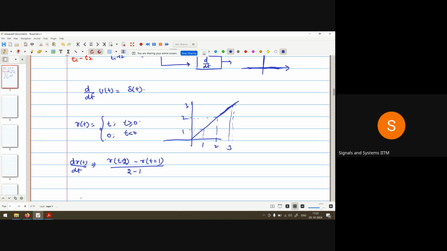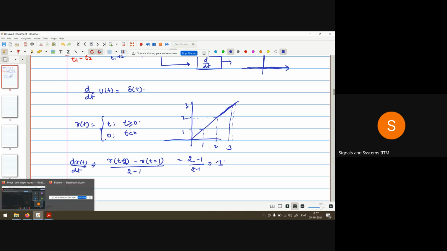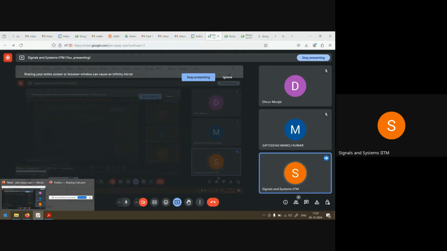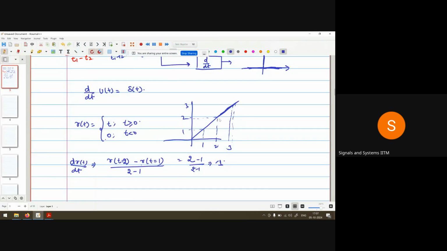What is the value at t equal to 2? The value is 2. What is the value at t equal to 1? The value is 1. So 2 minus 1 upon 2 minus 1 becomes 1.